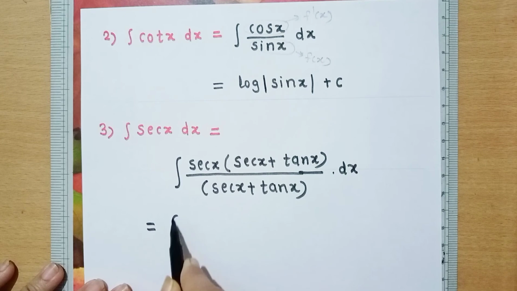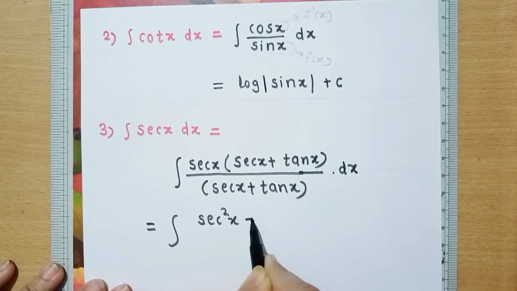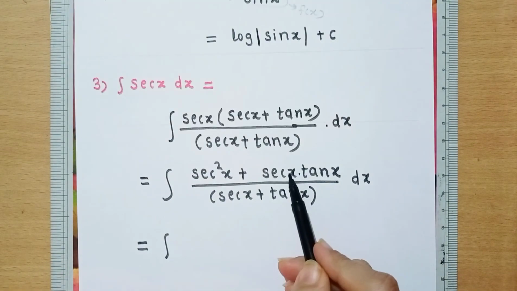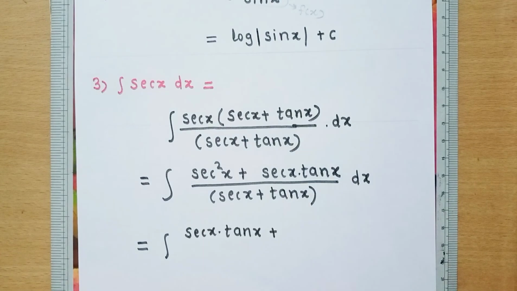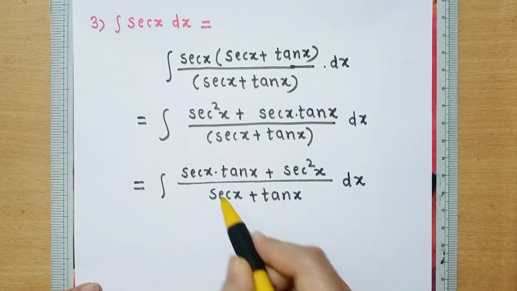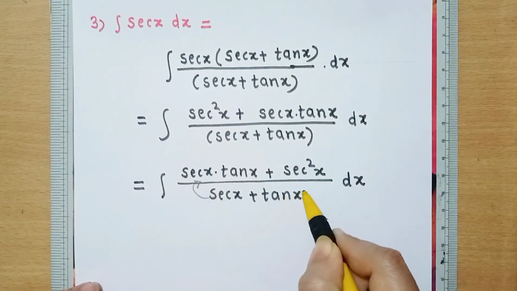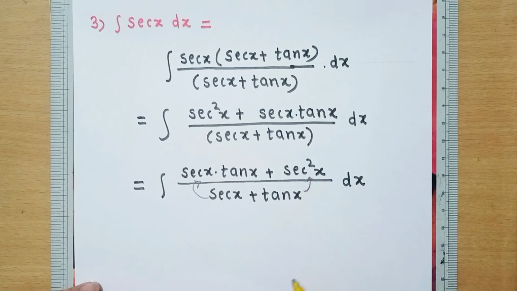Again we have sec x into sec x, sec square x, and sec x into tan x is sec x tan x, upon this bracket as it is. Again I'll rewrite this term here and this term there. Now check, the derivative of sec x is sec x into tan x, and the derivative of tan x is sec square x.